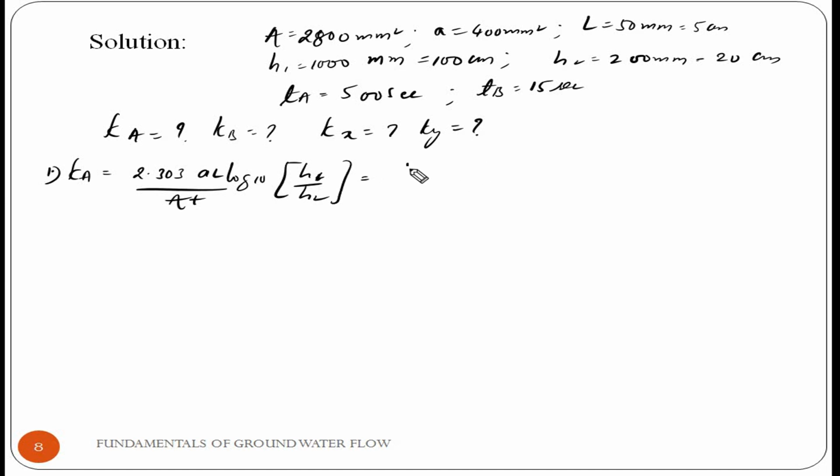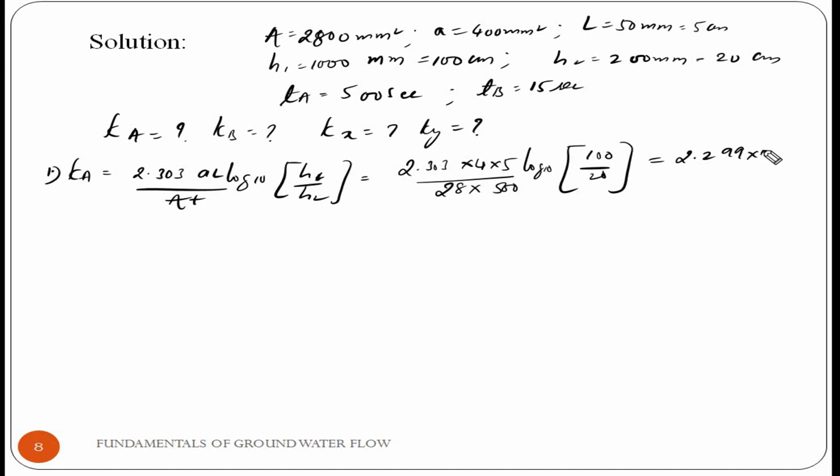So if you substitute the values here, 2.303 into 4 into 5 divided by 28 into 500 log to the base 10, H1 is here 100 divided by 20. So the value is coming around 2.299 into 10 to the power of minus 3 centimeter per second. So now similarly we calculate for sample B.